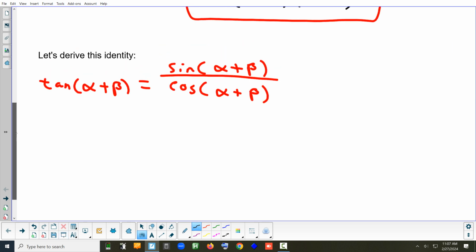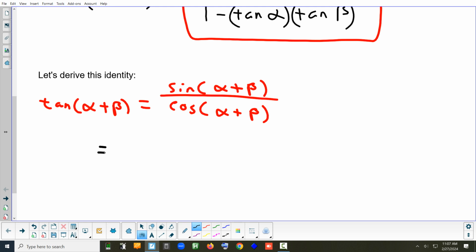What's the formula, or just the template, for sine of a sum? Just tell me the trig function. Sine of something and cosine of something. Sine, cosine, plus cosine, sine.